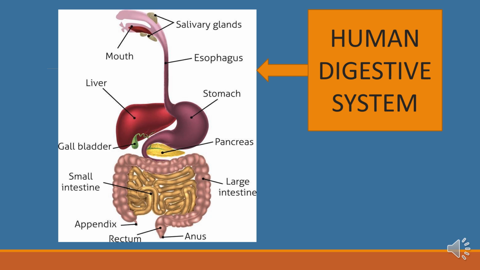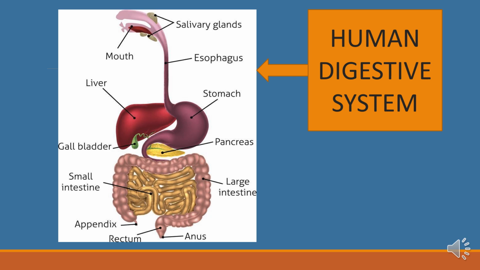So in the mouth there are 3 parts: palate, teeth and tongue. Along with these, there is also the salivary gland, which is very important for digestion. The esophagus connects mouth and stomach, and it also helps in passing the balls of food to the stomach. In the stomach there is partial breakdown of food.